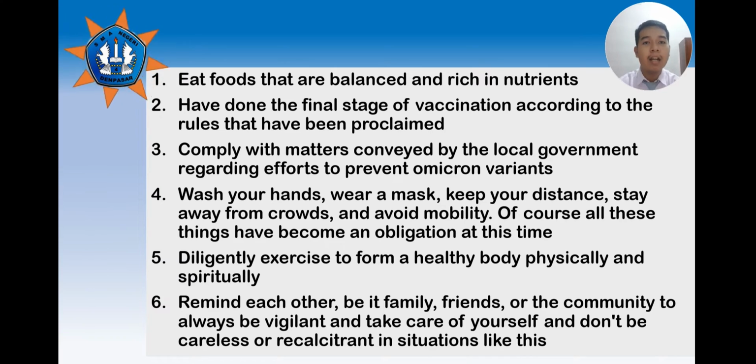Protect yourself, and don't be careless or recalcitrant in a situation like this. I think that's all on how to protect ourselves against the COVID-19 Omicron variant.